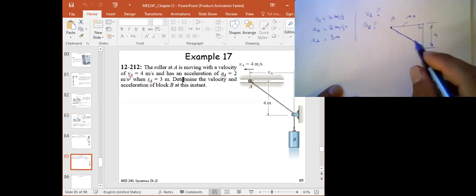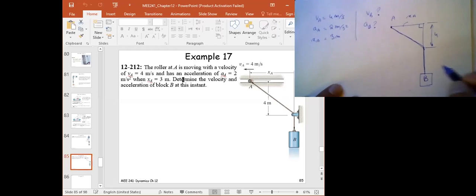So that is one way I can do it. Do we actually have the overall length of the cable, or it doesn't matter? It probably doesn't matter, because each point on the cable has the same velocity and acceleration, right?